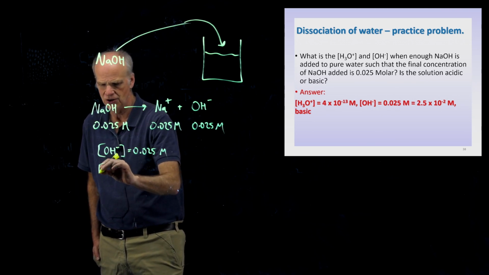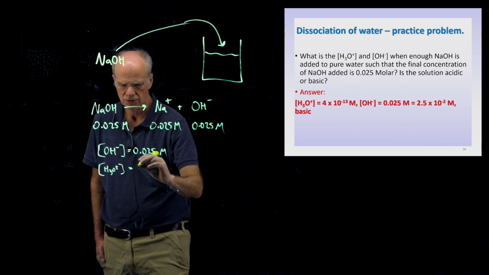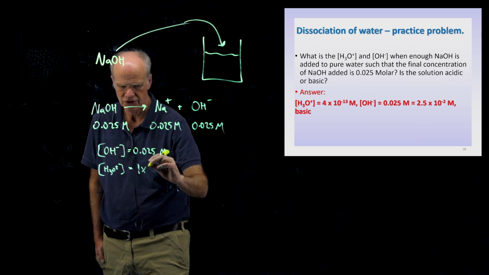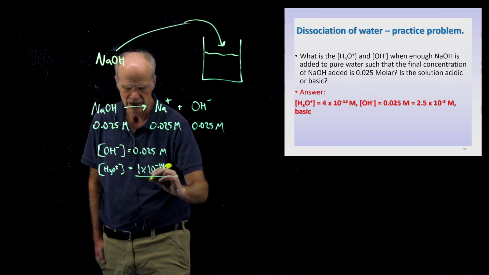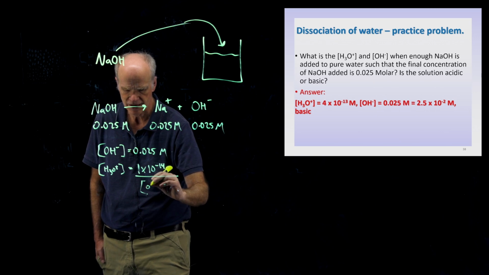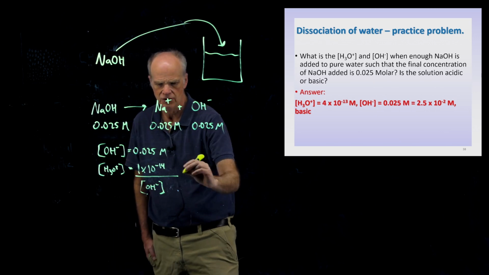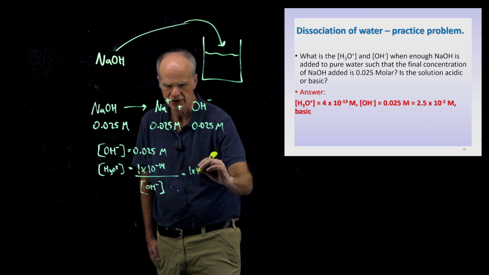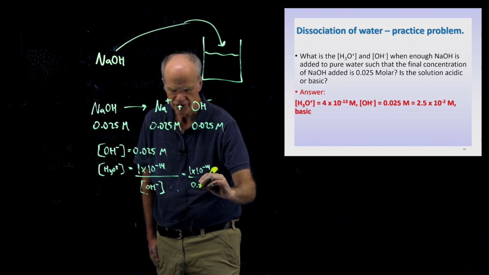You may recall that the hydronium is going to be equal to 1 times 10 to the negative 14 divided by the hydroxide. So it's going to be 1 times 10 to the negative 14 divided by 0.025.